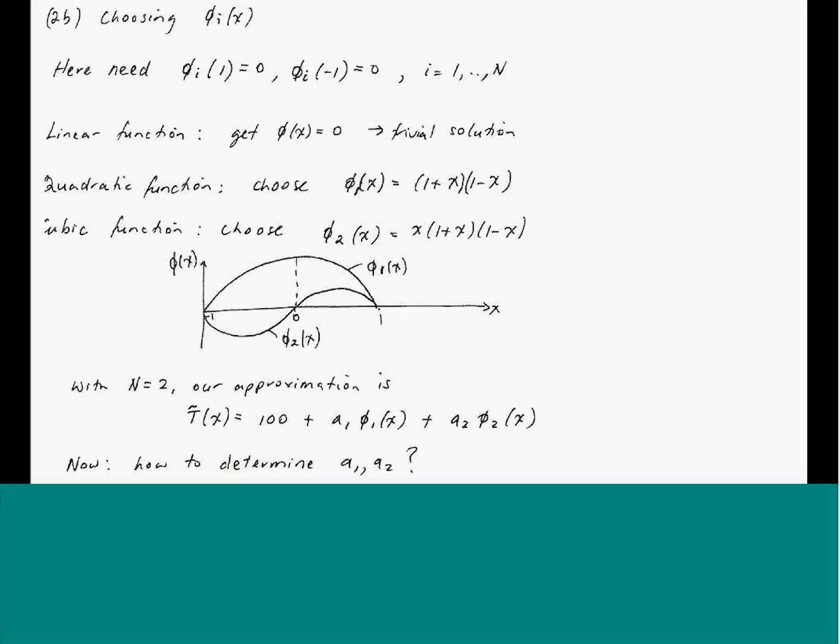So again, here we're going to use polynomials, and that's because we're interested in the finite element method, and you will see on Wednesday exactly what the basis functions look like in finite element.